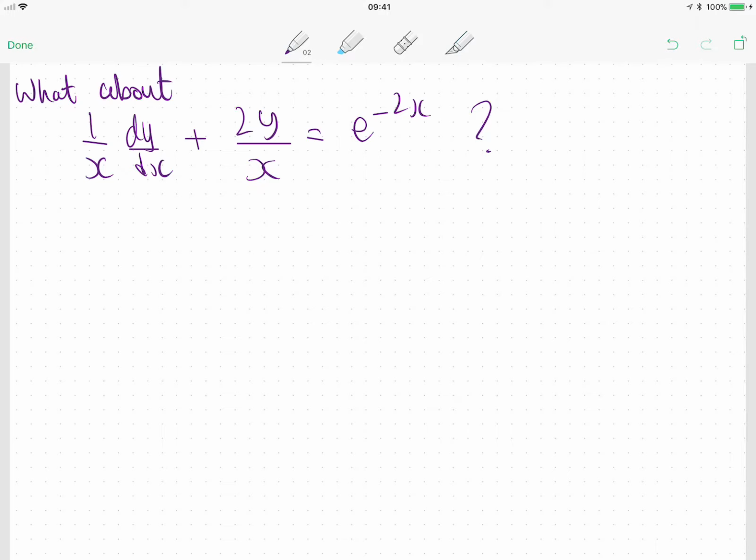Well, if we begin to study the left-hand side, it's quite hard to spot some patterns here, particularly in terms of using the product rule for differentiation. It's not obvious at this stage, but I'm going to give the answer, and later on we'll look at how to actually calculate this for ourselves. The answer to this question is multiply both sides of the equation by x e to 2x. So where does this come from?